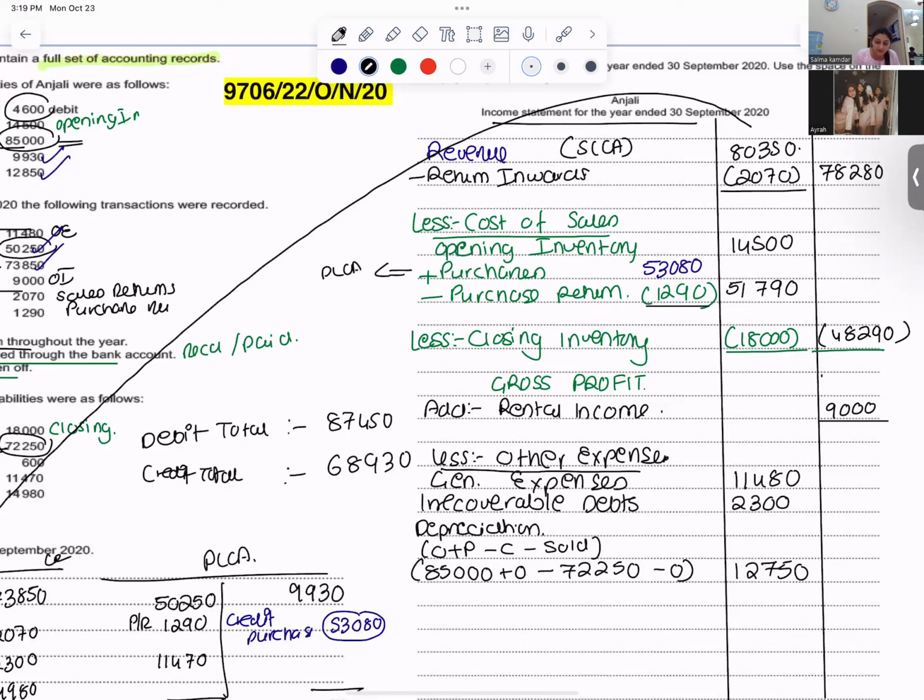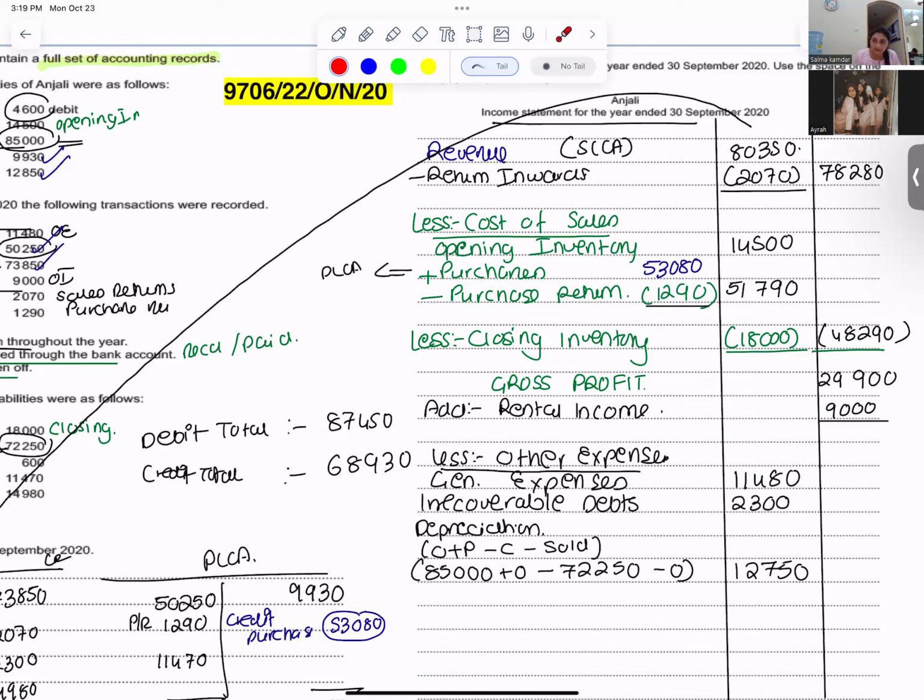What is my gross profit? Revenue minus cost of sales, that is 78,280 minus 48,290. 29,990. Add rental income 9,000. So it is 38,990. Minus other expenses. What is the total of your expenses? 11,480 plus 200 plus 12,750.